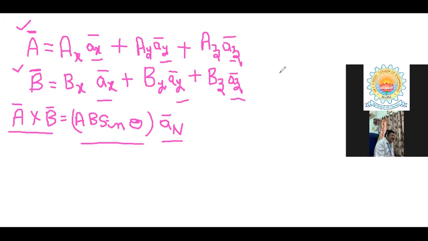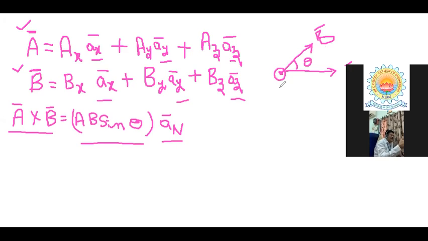If you consider two vectors, the same vectors A bar and B bar, with the angle between them theta, then the cross product is taken as AB sin theta and a unit vector perpendicular to both A bar and B bar. Here we are considering the direction, and it is calculated using the right hand thumb rule.